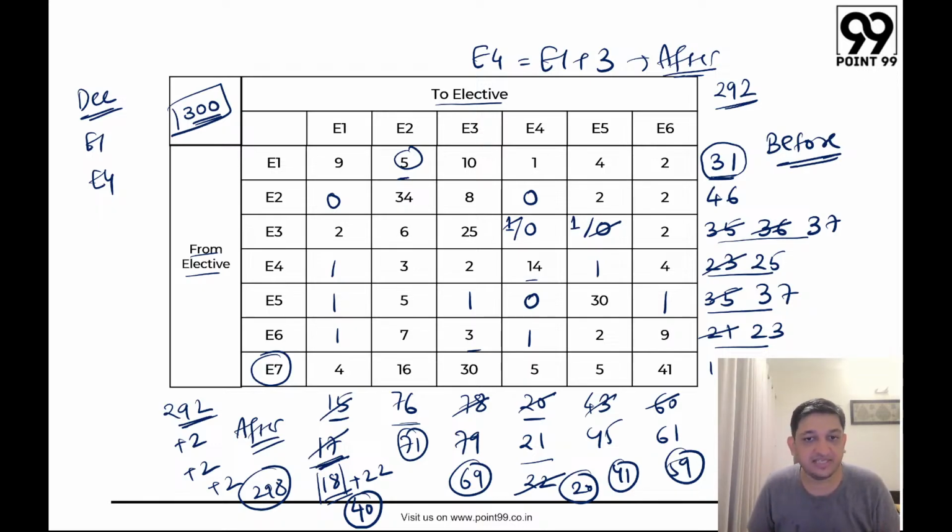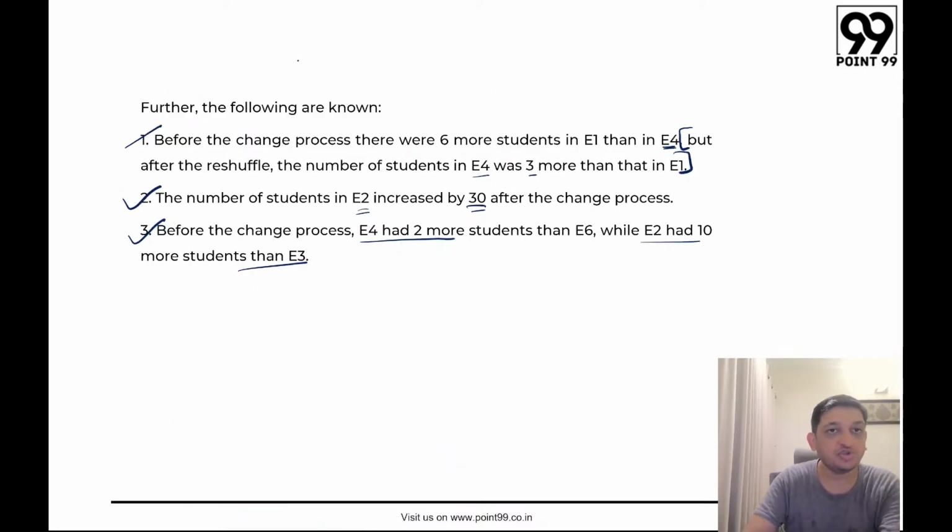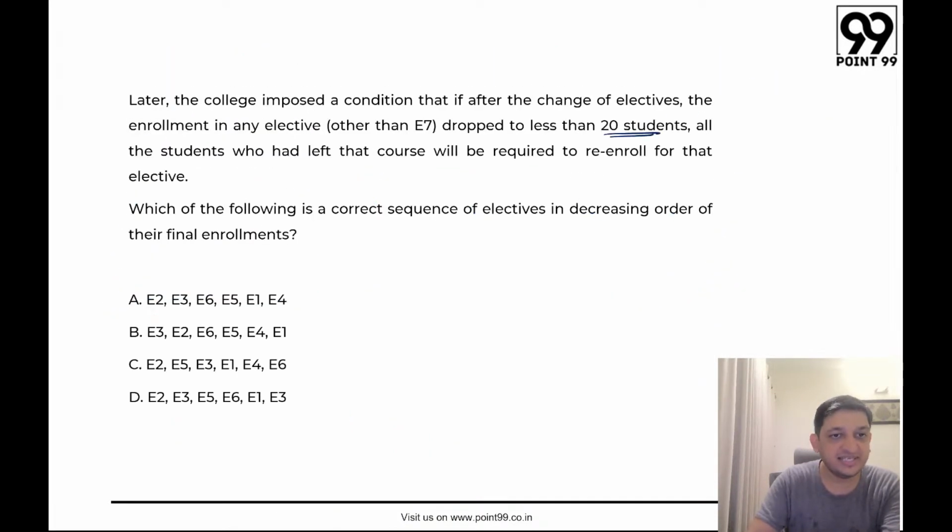E2 is the one with the largest number of enrollments, followed by E3, followed by E6, followed by E5, followed by E1, followed by E4. So 2, 3, 6, 5, 1, 4 should be our answer. Option A, I think, is the right answer to this question. Yeah, perfect. So option A is the right answer to this one.